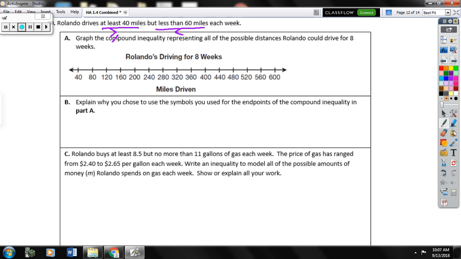Graph the compound inequality representing all the possible distances that Rolando could drive in 8 weeks. So if he drives that amount each week, we would need to multiply each of those by 8 to figure out how much he would drive in 8 weeks. So we have our 40 times 8, which will be 320. I would lose points for going outside of the box.